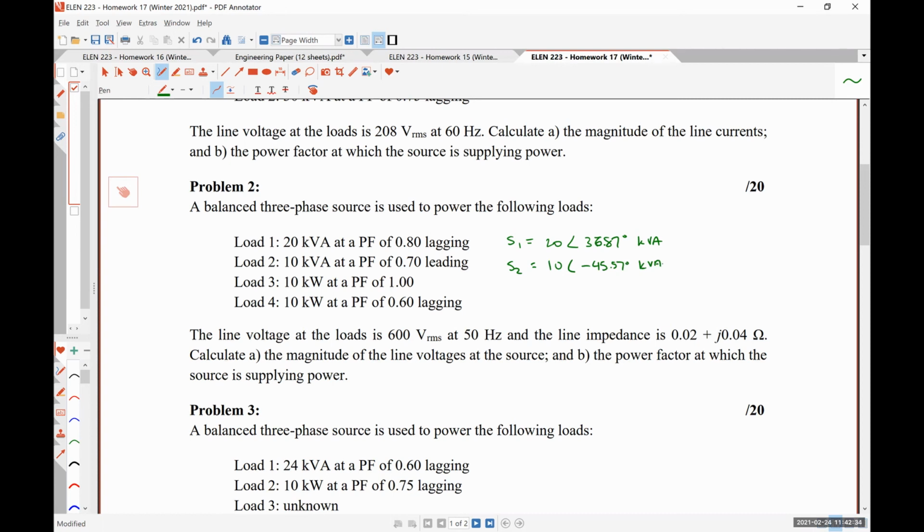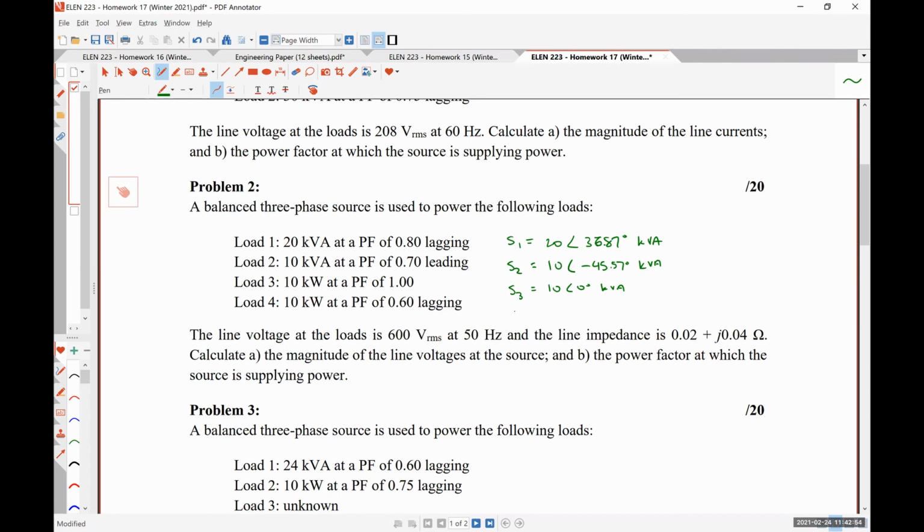Don't forget about that. S3 is going to be 10 kVA at an angle of 0 degrees because its power factor is 1, so all of the average power is the apparent power.